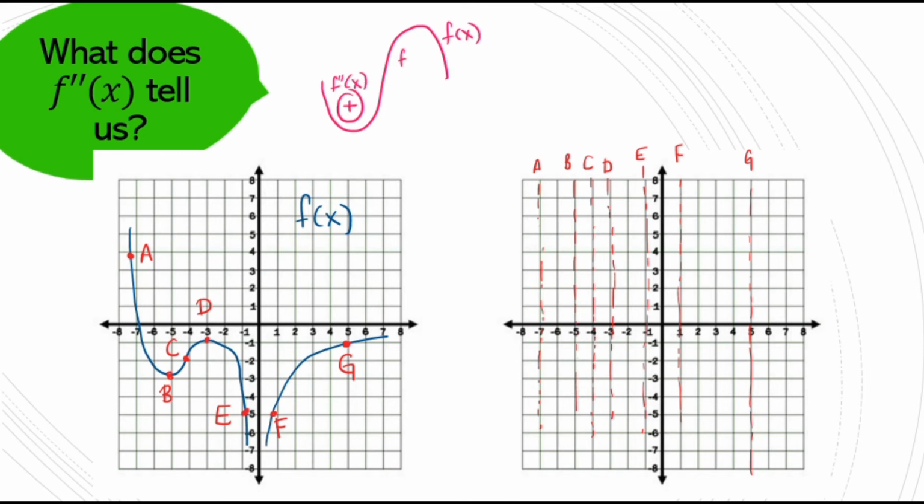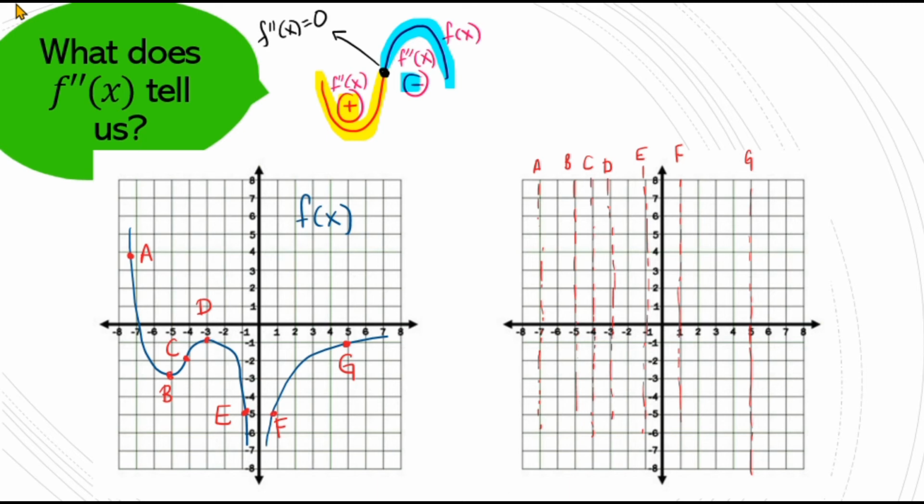Here we would expect to see a negative second derivative. So let me just trace along that. Positive to this point, negative to this point, and give those some colors. And then we see this magical point, an inflection point, where we change from concave up to concave down, and we expect the second derivative to be 0 there.